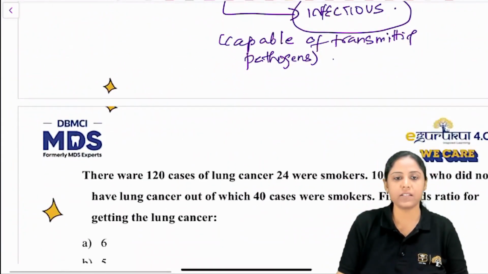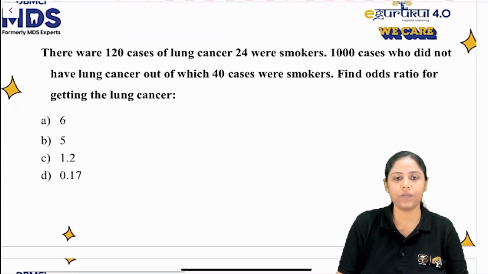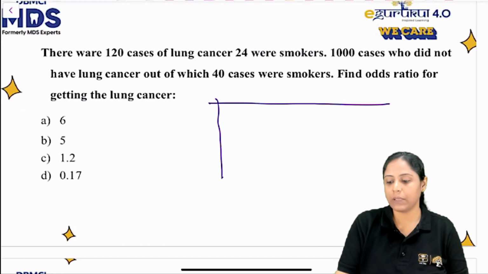Now we come to our next question. There were 120 cases of lung cancer, among whom 24 were smokers. So we draw our 2 by 2 table.